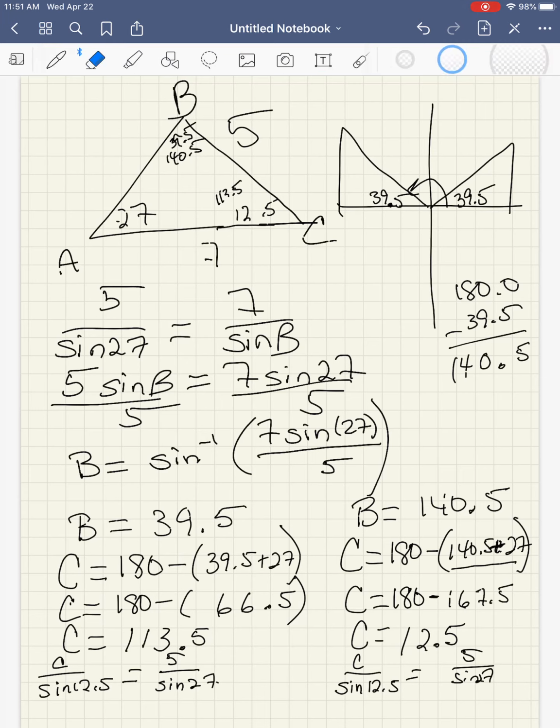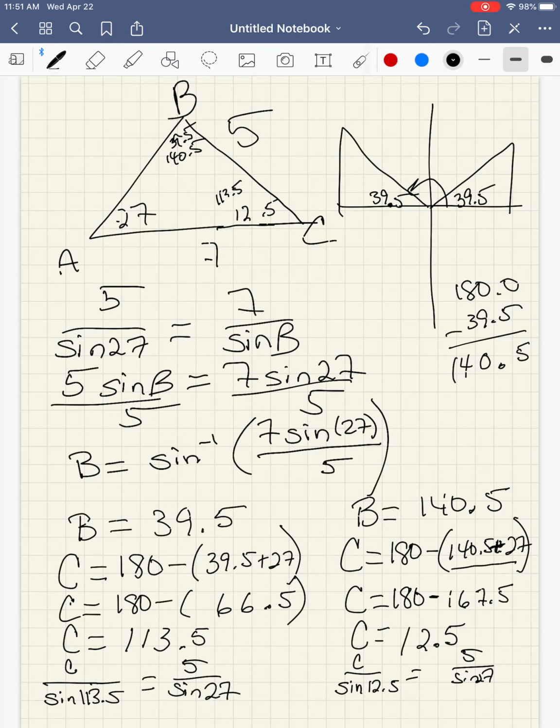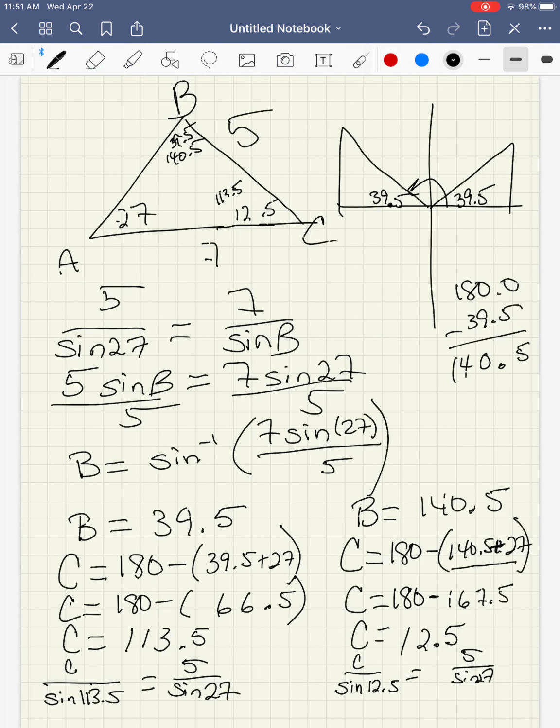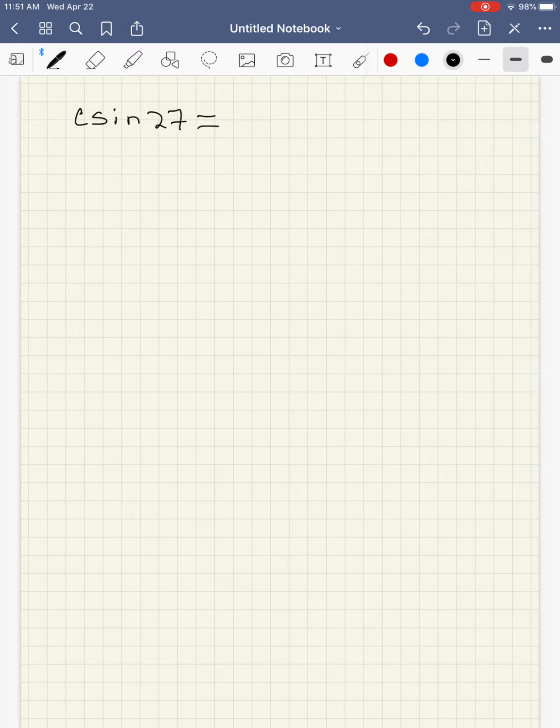And this one should be the other one, the 113.5, which is right on top of where I wrote the wrong information. So this will be C over sine of 113.5 equals 5 over sine 27. All right, so cross multiply, which will give me C sine of 27 equals 5 sine of 113.5.